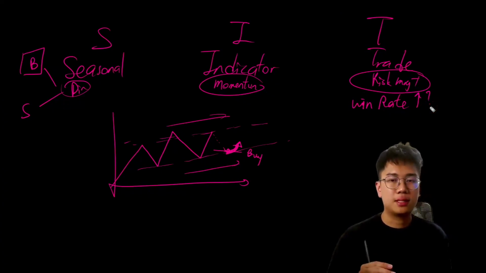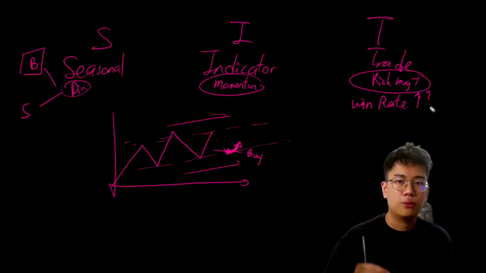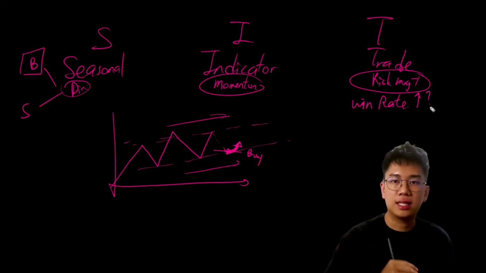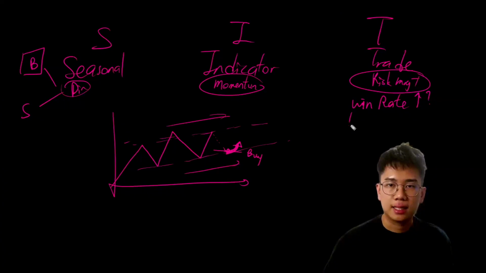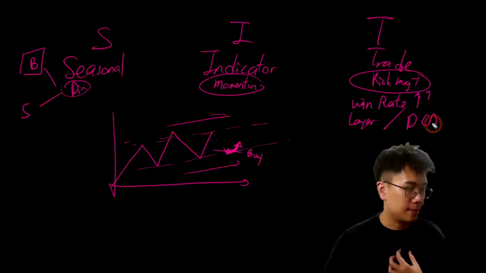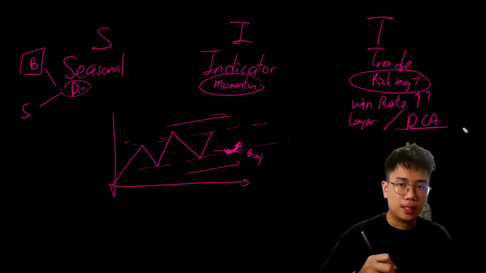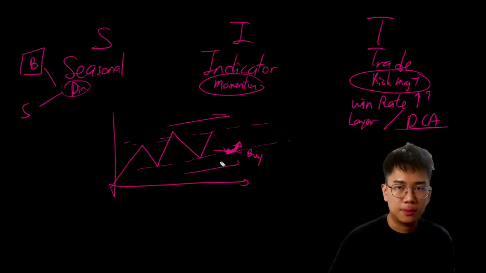The tip is that when you open a trade, be prepared to open even more trades later. We call this layering, or my favorite name, DCA. DCA is a method where when you make a buy, you buy again at a later, lower price.